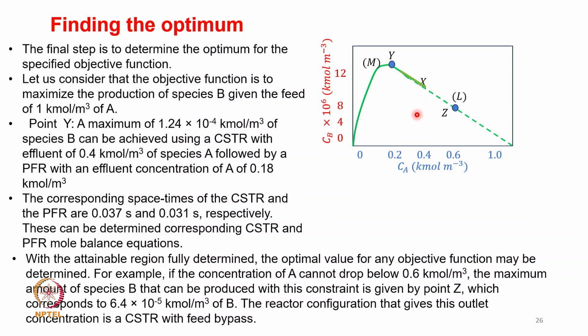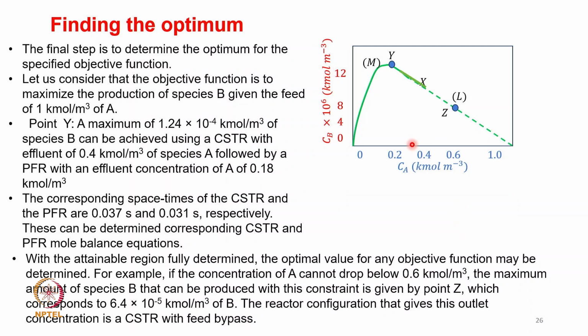So let's say x is like 0.4 and this may be possibly 0.18. So, to get y to be maximum, you are looking for a CSTR followed by a PFR. CSTR effluent should come out at 0.4 kilomole per meter cube, and the PFR effluent would be at 0.18 at Ca.